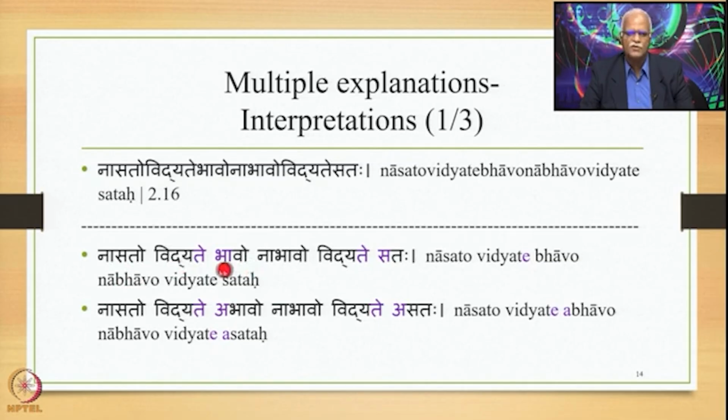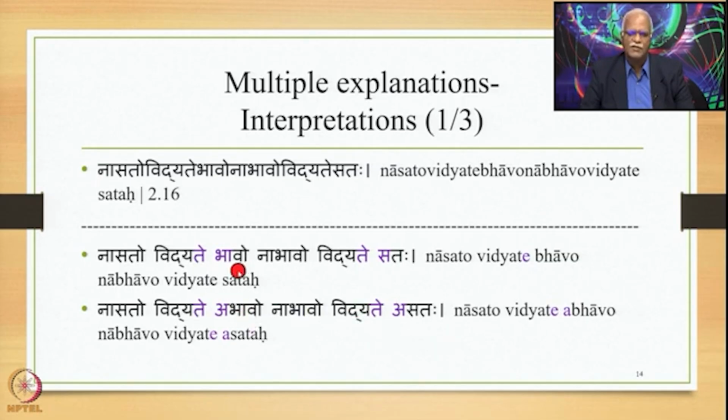Vidyate bhavo. Bhavo is again like nasato. Na bhavo, this vo also is like nasato, and so on. So now we can split this particular string into: nasato, vidyate, bhavo, na bhavo, vidyate, and sataha. But the same string can also be split into another set of constituents, namely nasato vidyate abhavo, nabhavo vidyate asataha.